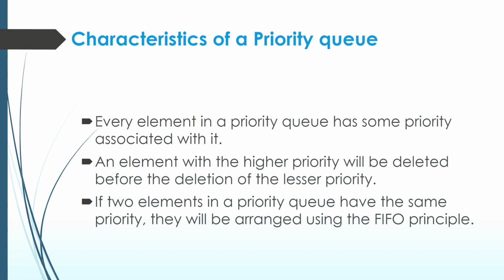Another characteristic is, if two elements in a priority queue have the same priority, they will be arranged using the FIFO principle. If I take these numbers 1, 3, 4, 8, 14, 22, we will see that all the values are arranged in an ascending order.